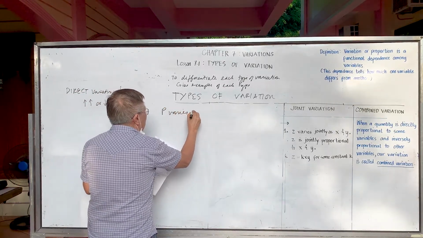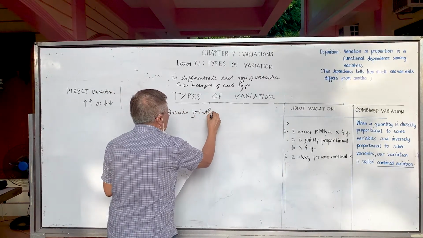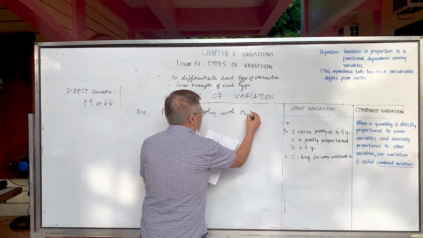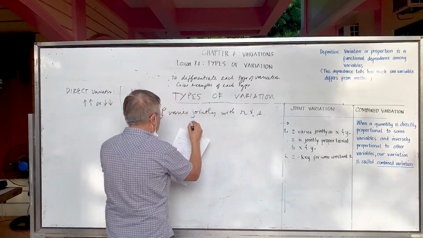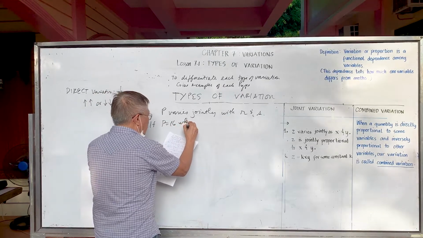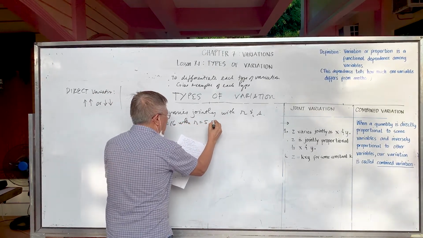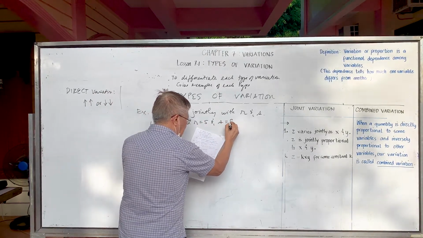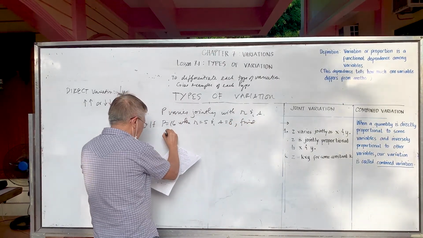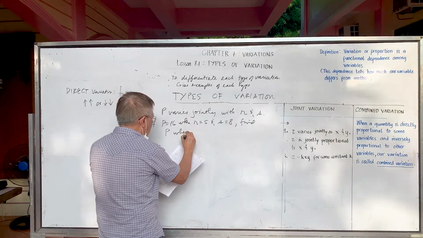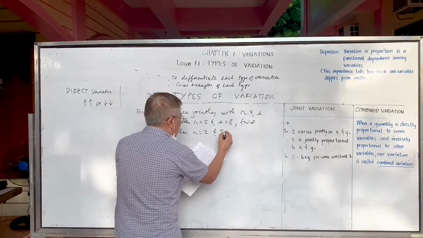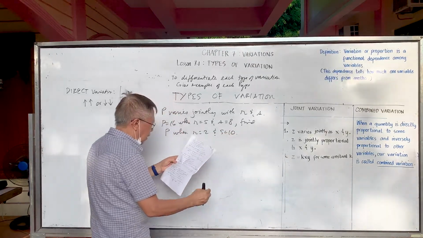P varies jointly with R and S. If P equals 16, when R equals 5 and S equals 8, find P when R equals 2 and S equals 10.